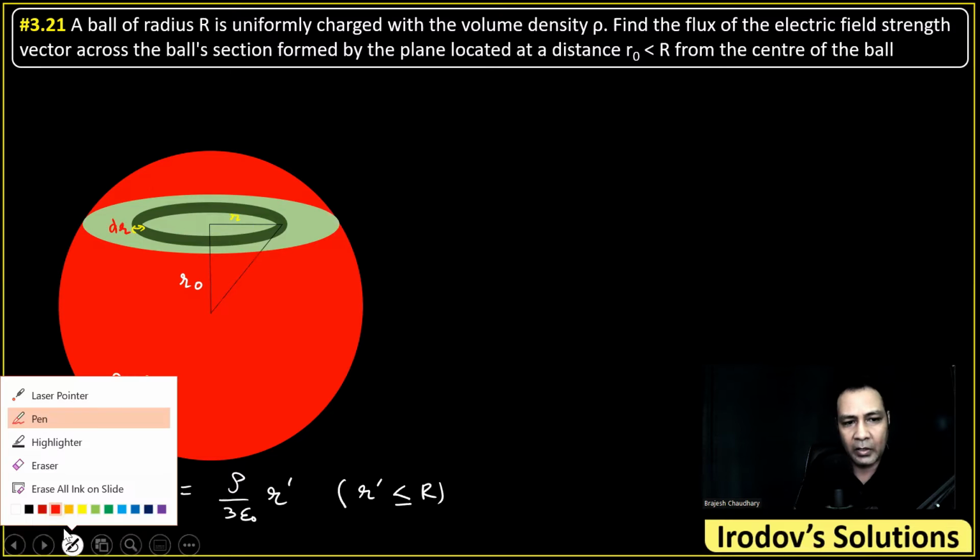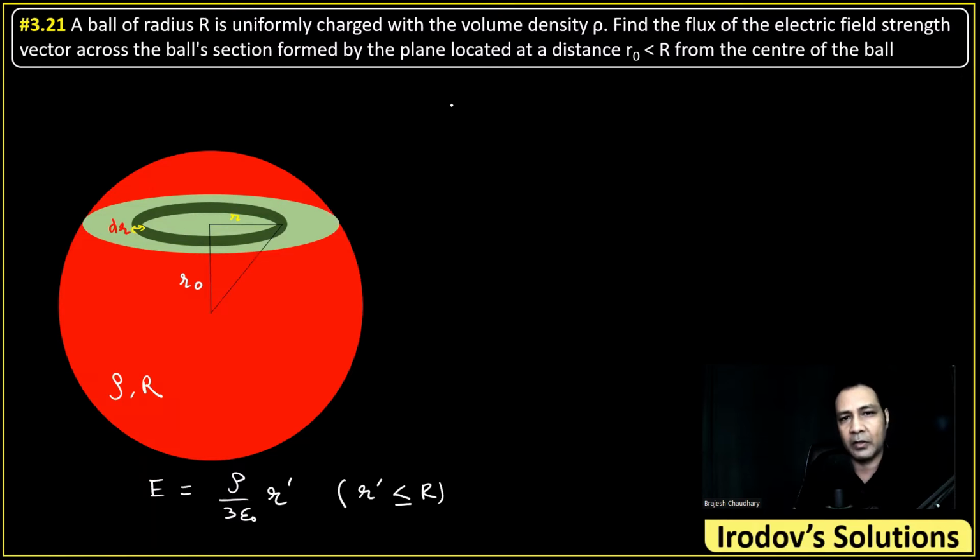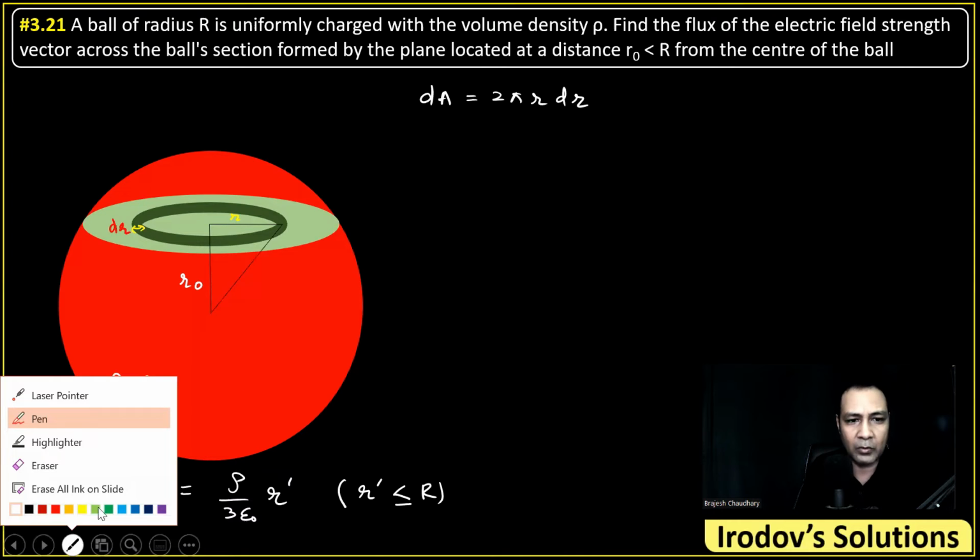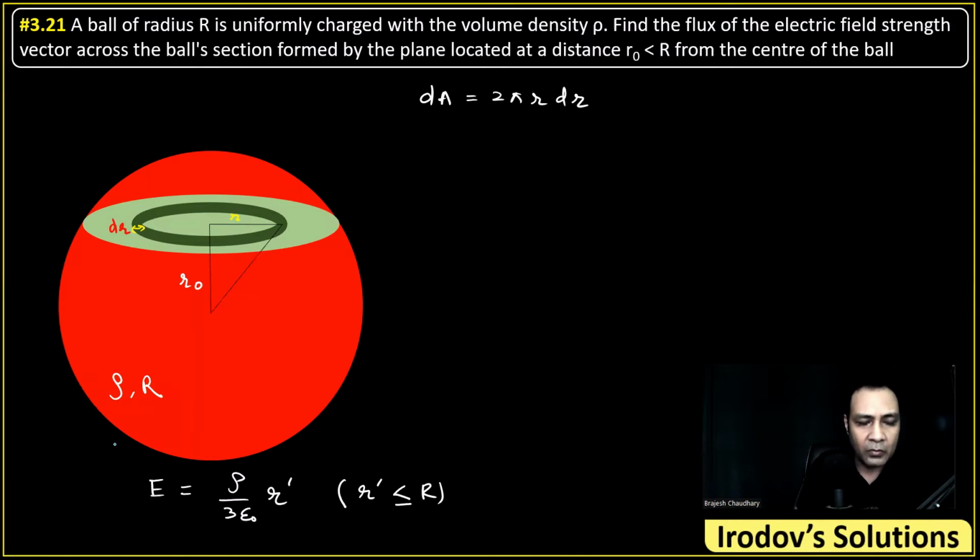So what will be the area vector of this ring? If you cut this ring, the length will be 2 pi r and the thickness dr, so the area is 2 pi r dr, and the area vector will be perpendicular to the plane. At all these points, the area vector would be like this.